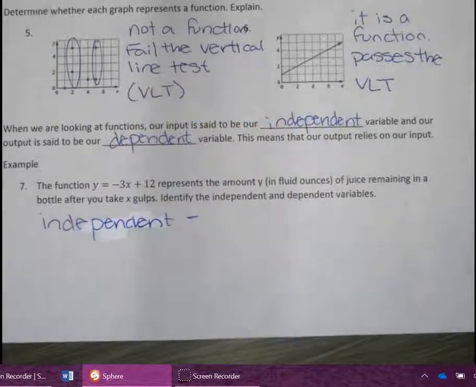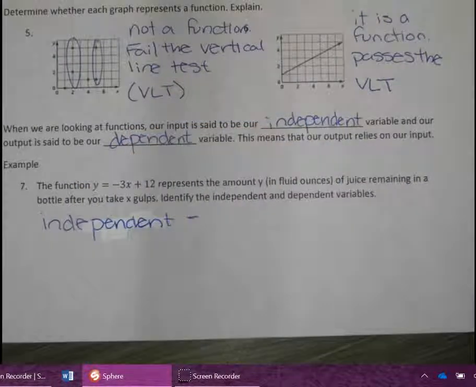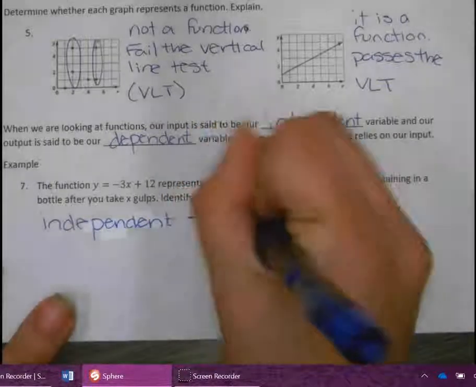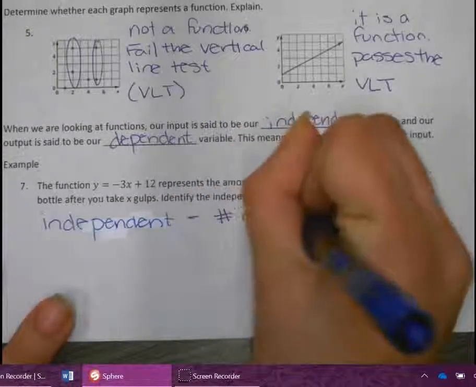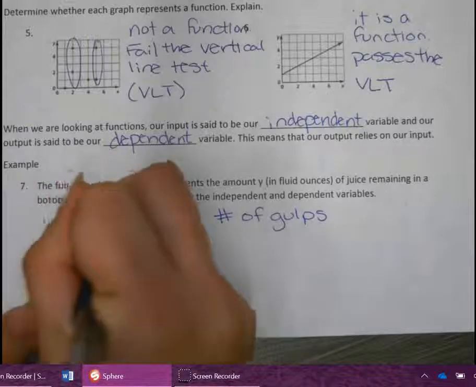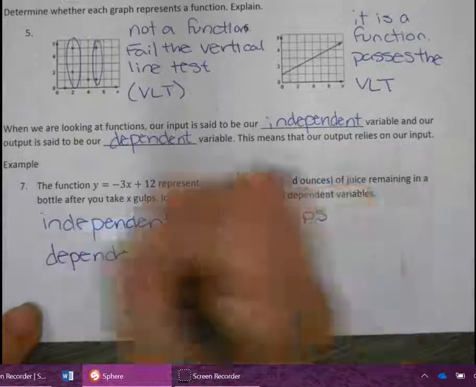What's my independent variable here? What has to happen first? Do I have the amount of juice left, or do I take the drink first? What happens first? The amount I drink. So my independent variable is the number of gulps. So then my dependent variable has to be what?